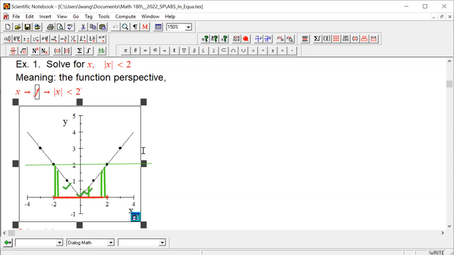Does that make sense? Because this question asks: if the output is less than 2, what are all the possible inputs? All the inputs between -2 and +2 have outputs less than 2.